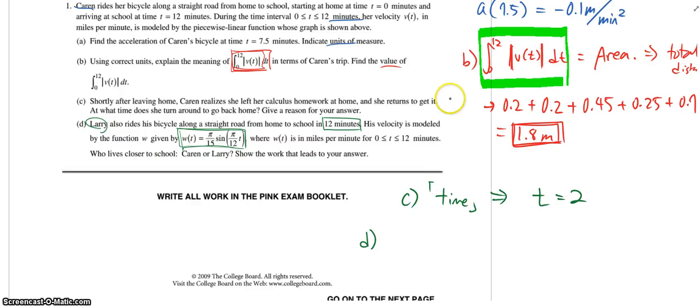We're comparing who's closer, so we should not compare the total distance, which is what we got from B. We have to compare the displacement, the net distance from Karen's house and Larry's house to the school.